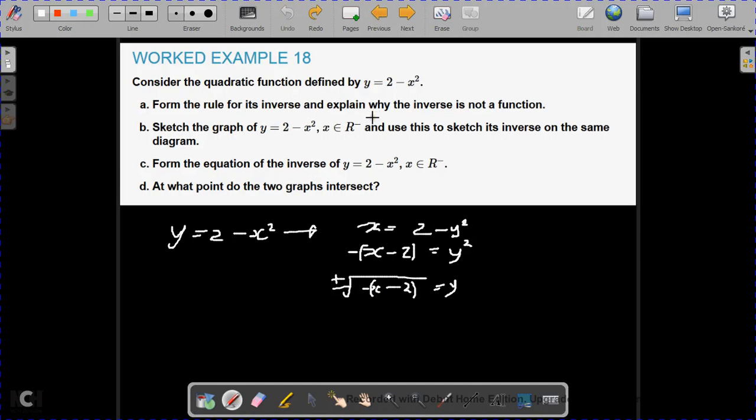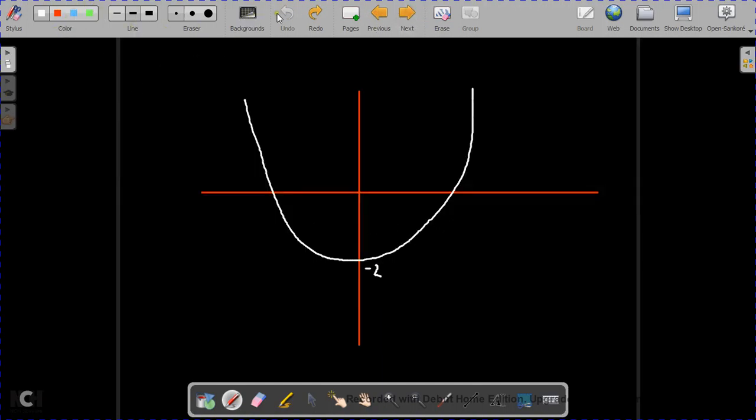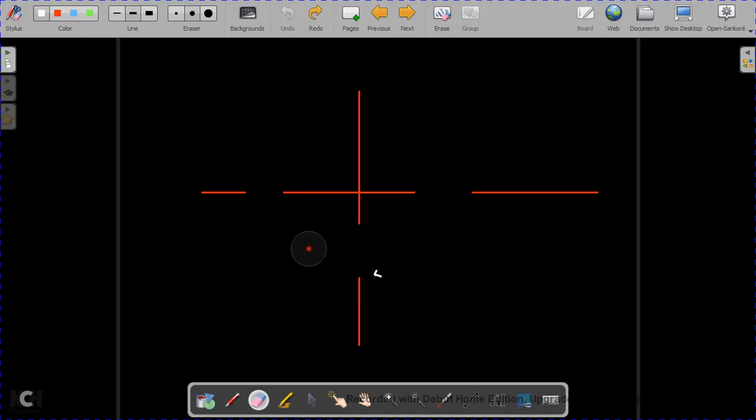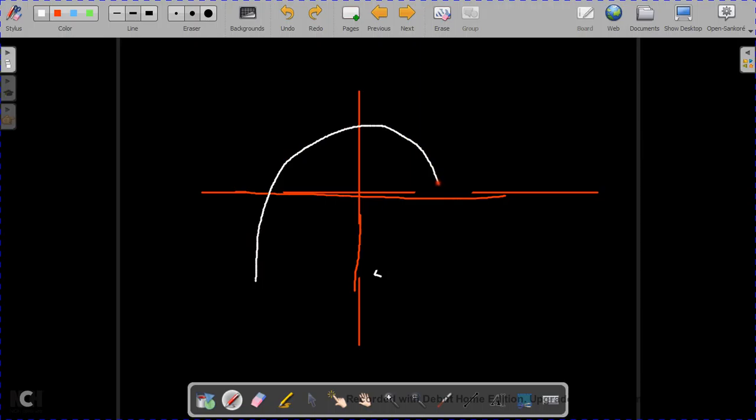So it's 2 take x squared, other way around. Undo that. 2 take x squared, we've got a negative graph, so it'll be something like that, okay, at positive 2.